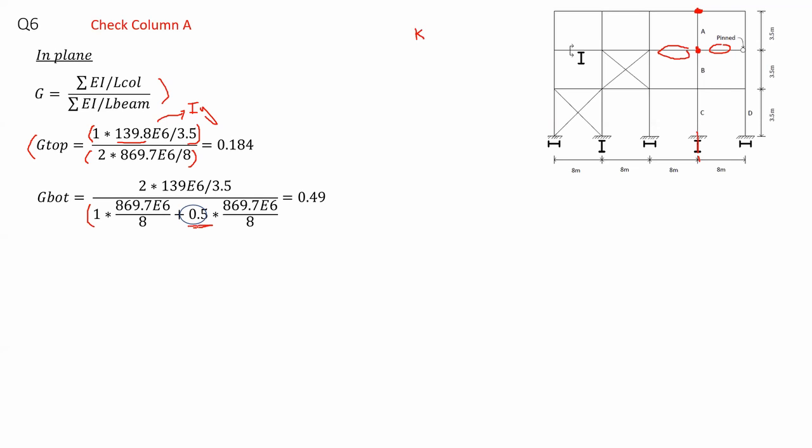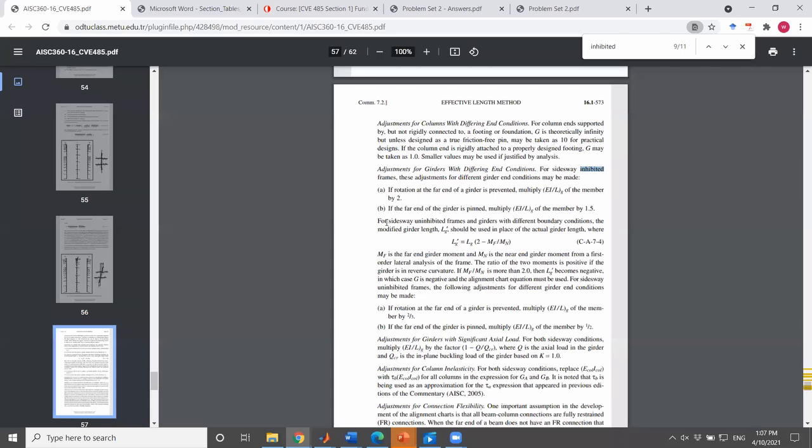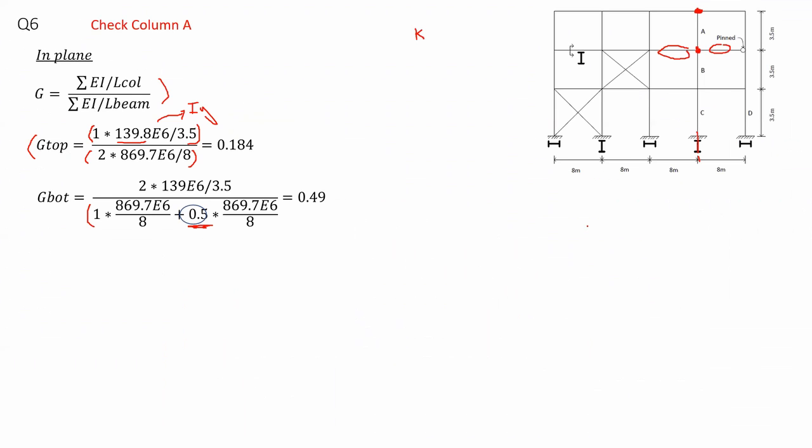Now, regarding this value, if you go to AISC, before that, I have to mention something. If we consider this floor where the column A is located, we notice that there is no bracing. And if you apply a horizontal force in this direction, this floor would sway with respect to other floors.